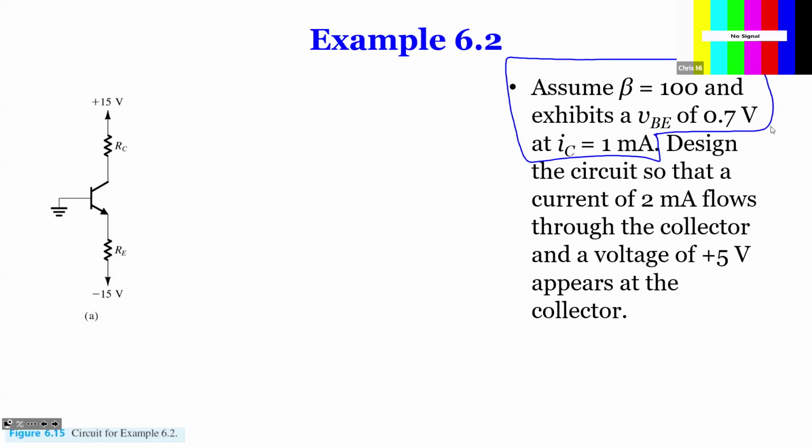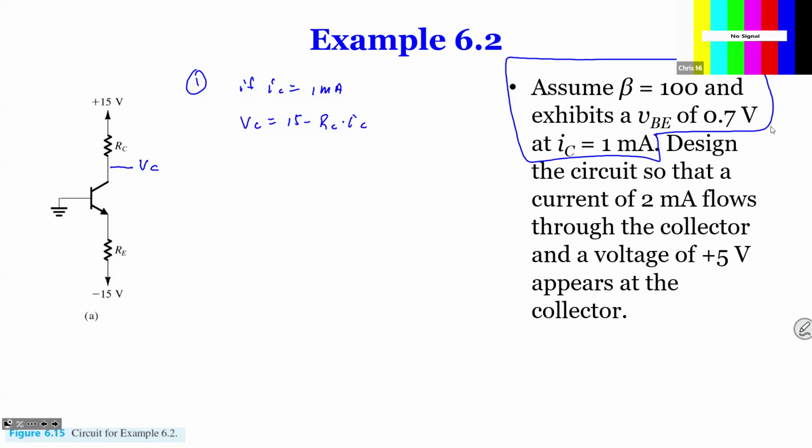So this is confusing, so we can start doing it step by step. If IC is 1 milliamp, what do you get for VC directly? It's 15 minus RC times IC, right? But the problem is we don't know RC, so we cannot calculate VC.